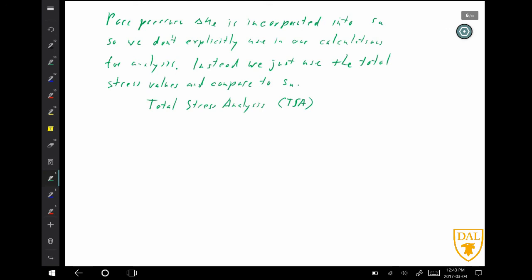And so one of the biggest things that an engineer has to appreciate when they're doing design calculations for slopes and dams, is when to use the total stress analysis and when to use the effective stress analysis. And that's something that we will talk about in further classes.